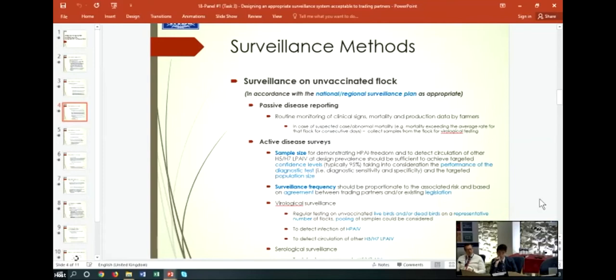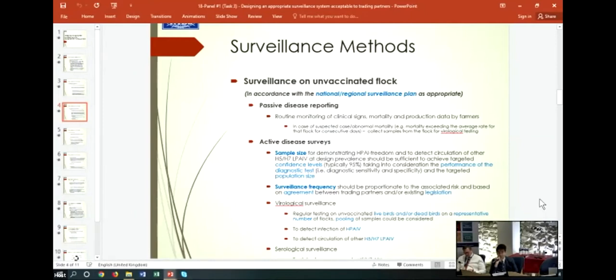And the aim of virological testing is to detect infection of HPAI virus that may escape from the protection of the vaccine being used, and to detect circulation of other H5 and H7 LPAI viruses, in which the associated risk could then be assessed.